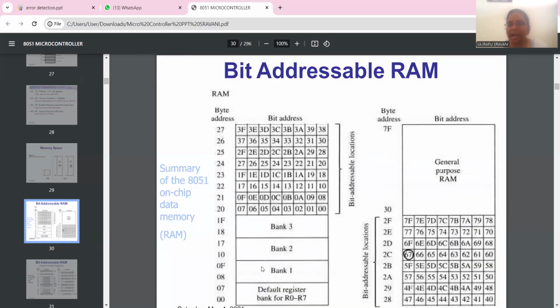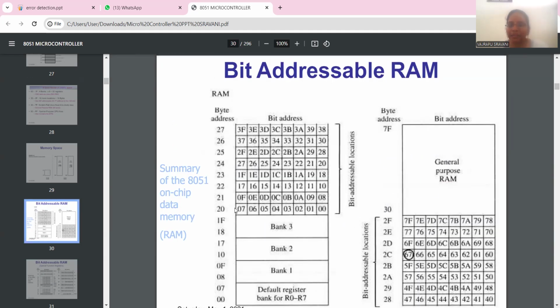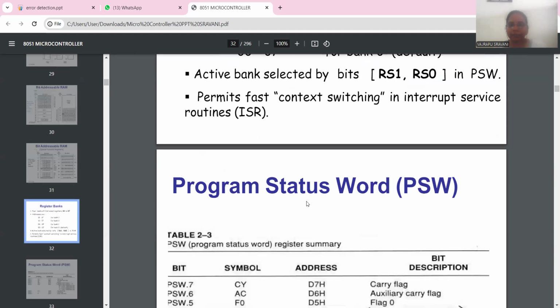Otherwise, it is in bank 0. From 20 to 2FH, we can use it in a bitwise manner, otherwise bytewise, or a single bit at a time. The remaining 30 to 7F is used for general purpose RAM.